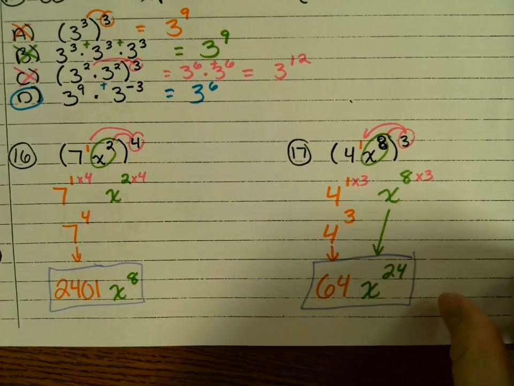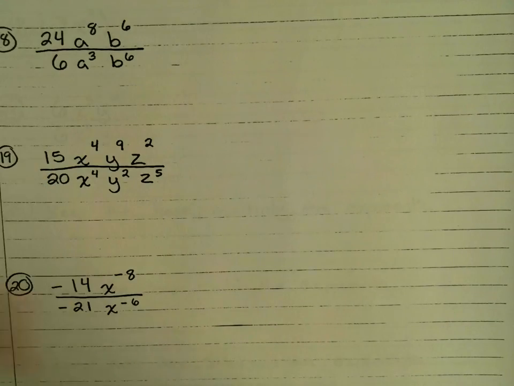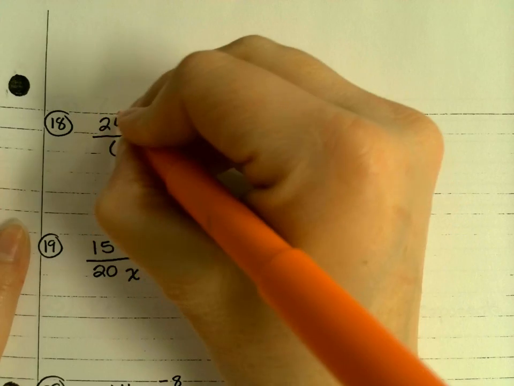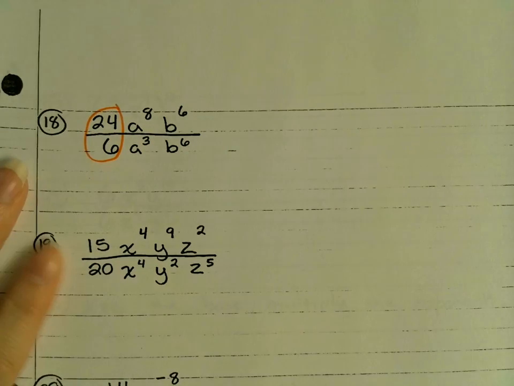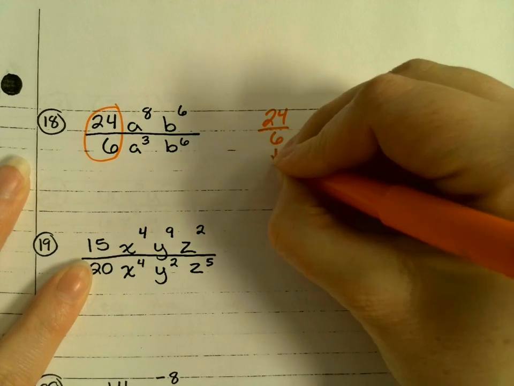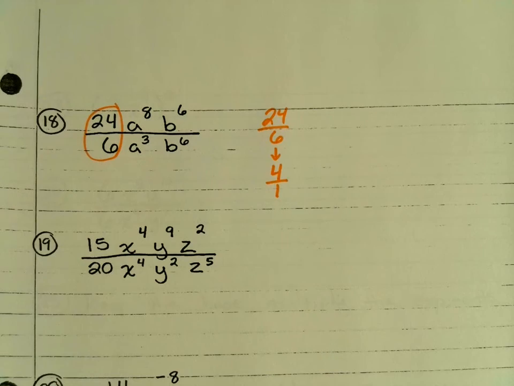Okay, let's go on to problem number 18. For problem number 18, we're first going to focus on simplifying these numerical values. 24 over 6 can be simplified to 4 over 1.